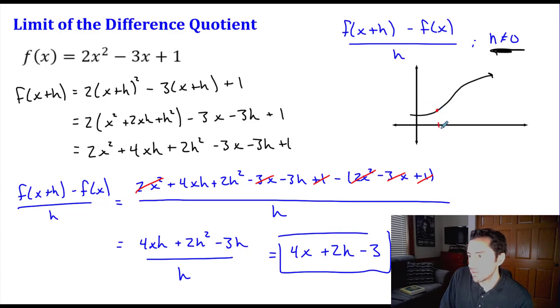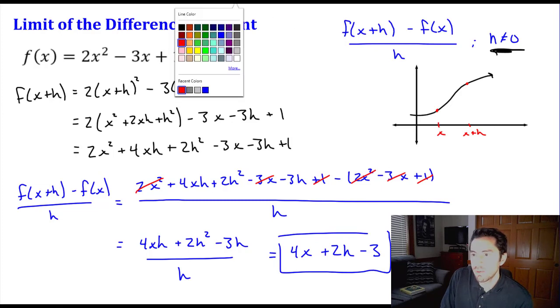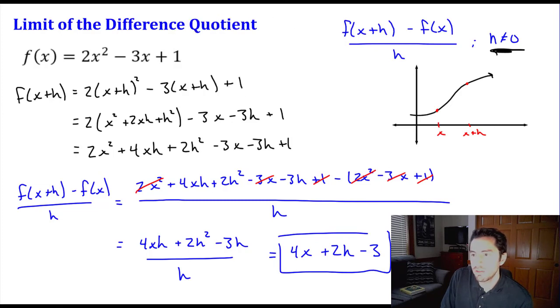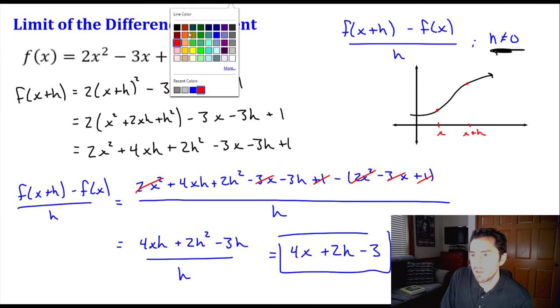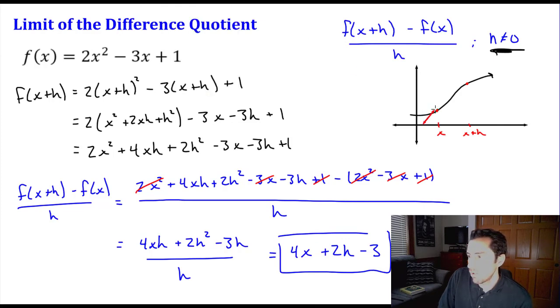Let's say that this one is x, and then we look at another point, and we'll say that this is x plus h. The difference quotient is finding the slope of the line that goes in between these 2 points. So we're finding the slope of this secant line.